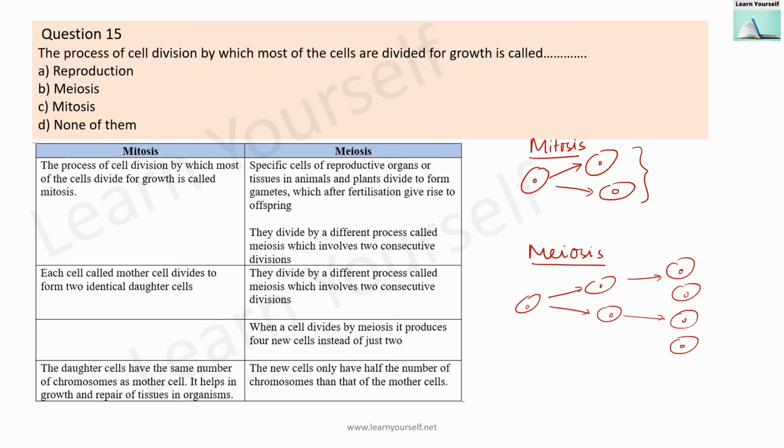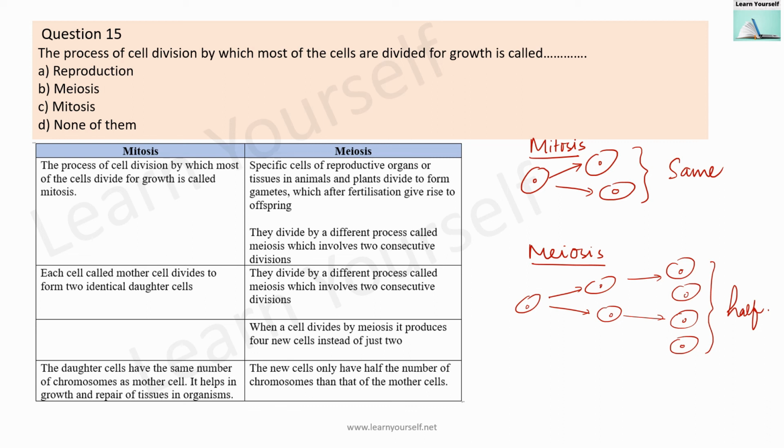When a cell divides by meiosis, it produces four new cells instead of just two. So here we are getting four new cells, whereas in mitosis we will get only two new cells, and they are identical. In mitosis, the daughter cells have the same number of chromosomes, whereas in meiosis, new cells have only half the number of chromosomes. So these are the basic differences between mitosis and meiosis.